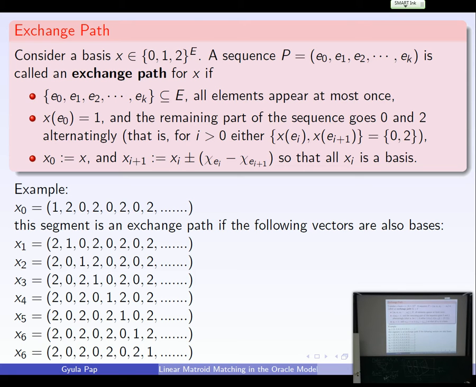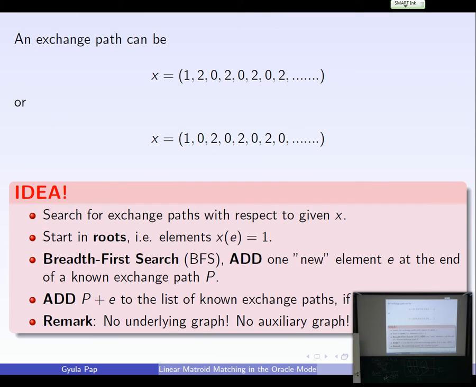That is the definition of an exchange path, and the idea is that we want to reach another element 1. There's a difference between this and the matroid intersection algorithm or Edmonds' graph matching algorithm: here we don't look at the underlying graph.